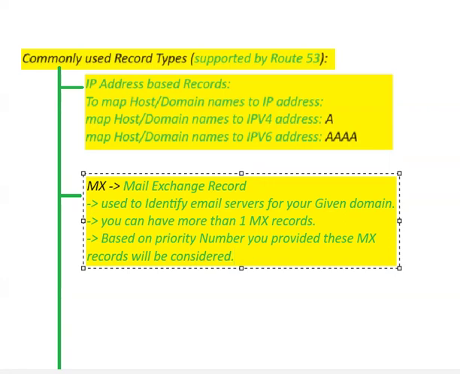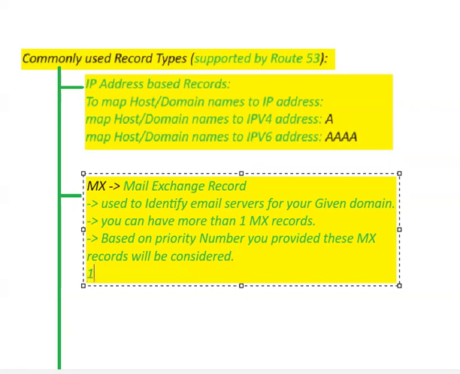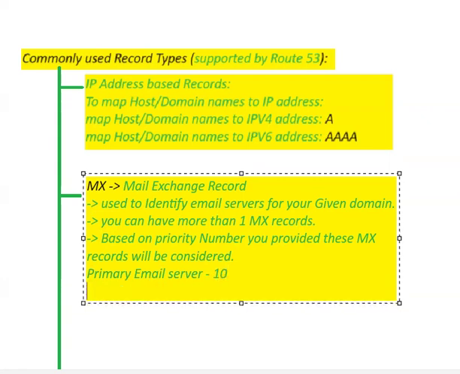Let's say I have two email servers. The first server is the primary email server, and the second one is the secondary email server. For the primary email server, I provided priority 10, and for the secondary email server, I provided priority 30.